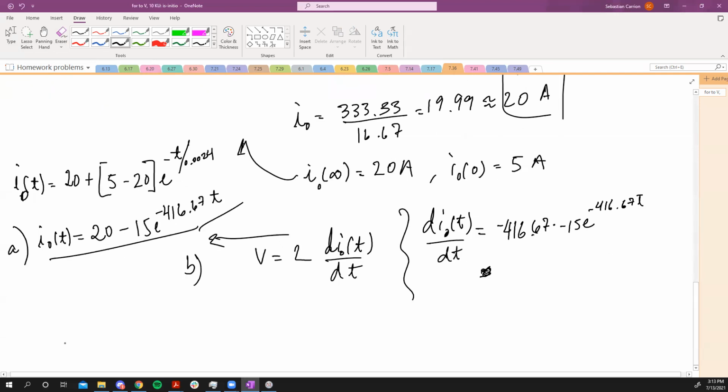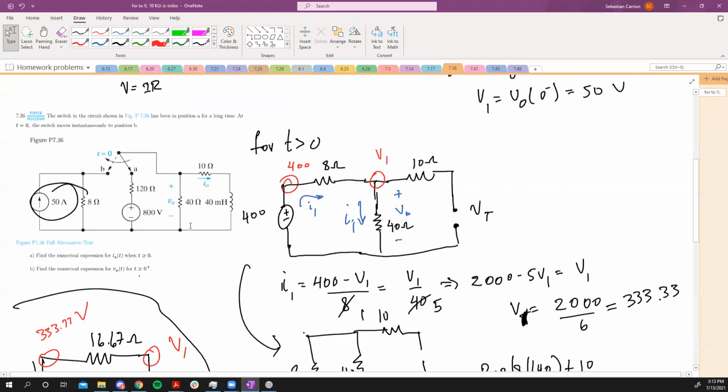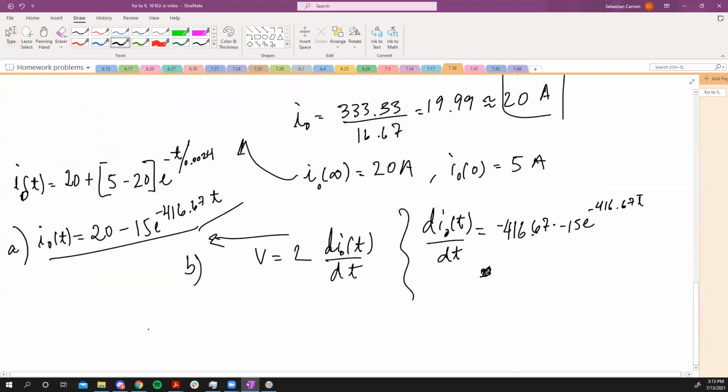So then we know that V naught at time 0 is 50, right? So V naught.